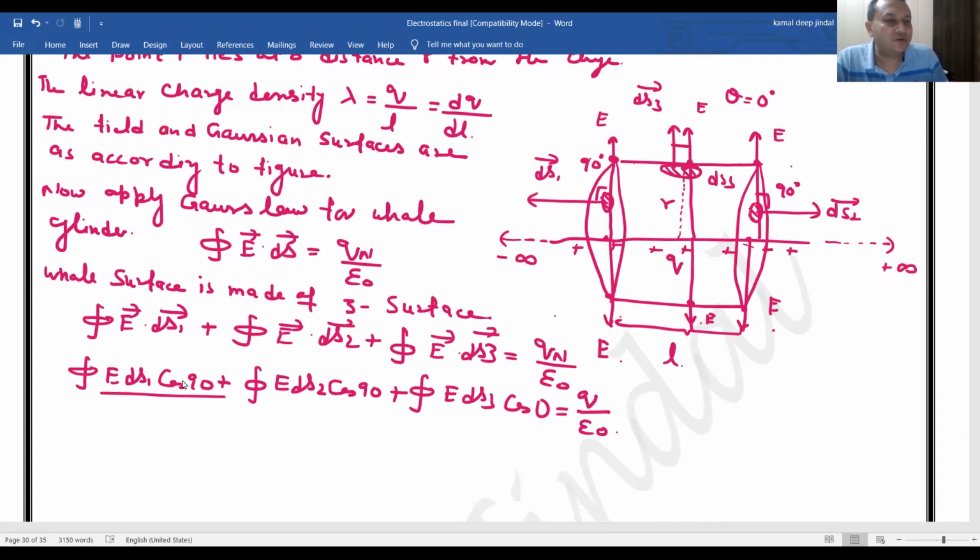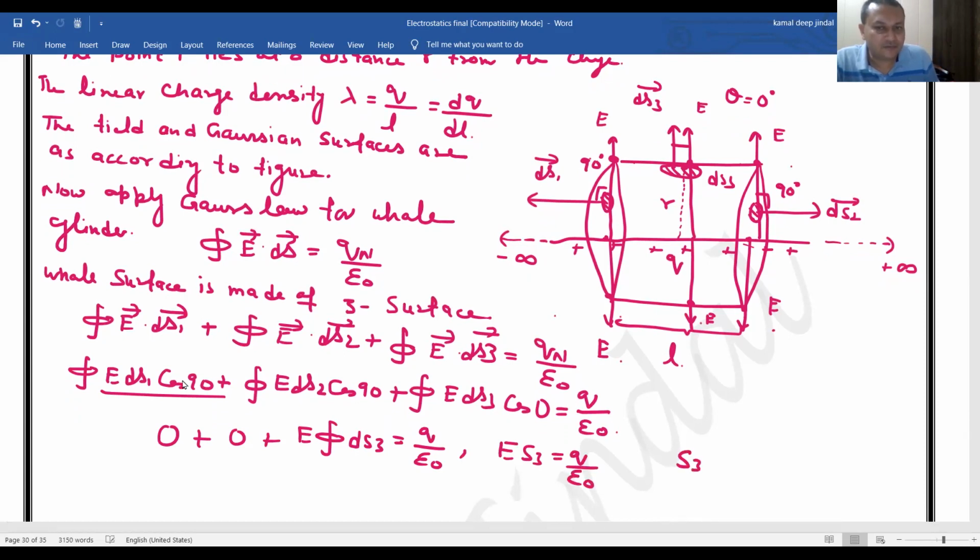Now cos 90 is 0, and cos 90 is 0. It will come out to be E integration of ds3 equals q upon epsilon naught, and it becomes E into S3 equals q upon epsilon naught, and S3 is what?